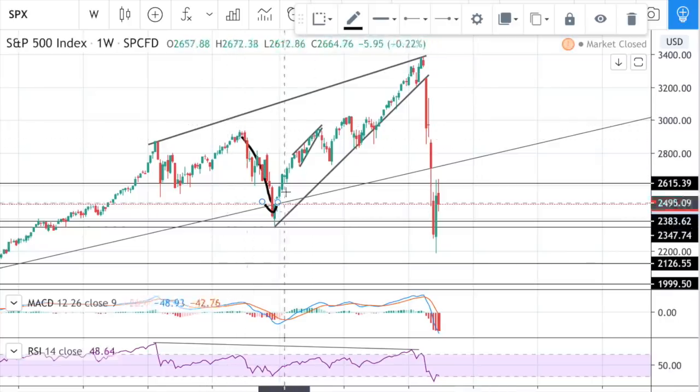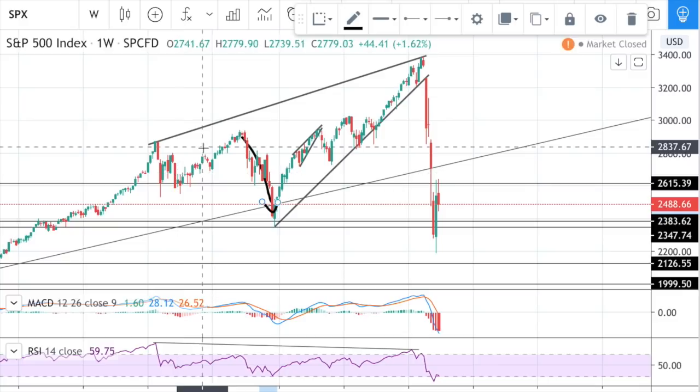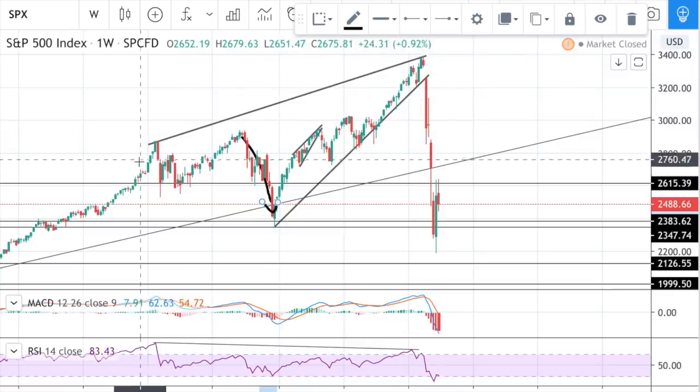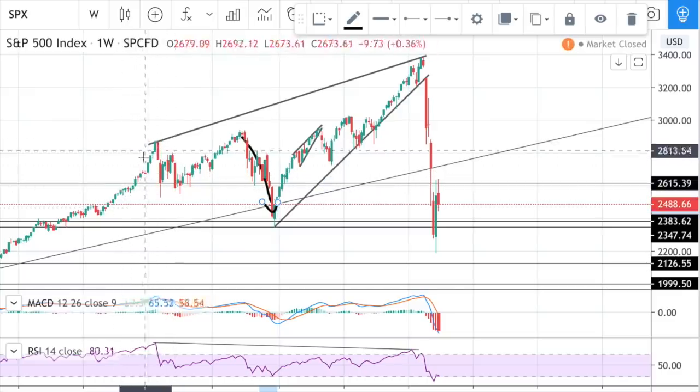This is part of the topping pattern that we've seen over the past couple of years, and this is something we saw in 2000, this is something we saw in 2008. We have increased volatility towards the top of the bull market. And so ever since here, when I was trading in 2017, 2018, I saw something different about the markets.